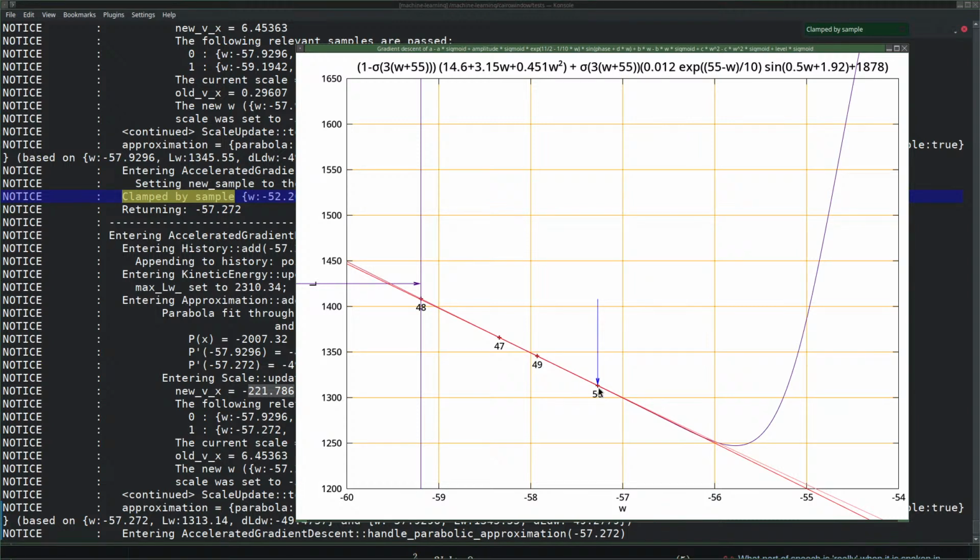So point 50 is actually a little bit lower because it starts moving towards the sine, which is somewhere down here at that point. So the curvature is now like this. And we get a parabola fit that has its vertex far on the left, because 50 is now taken into account.